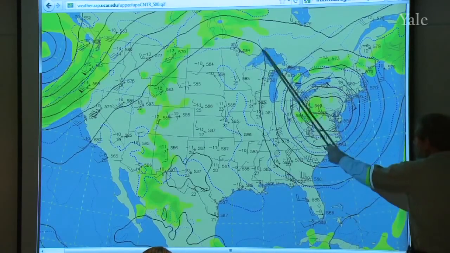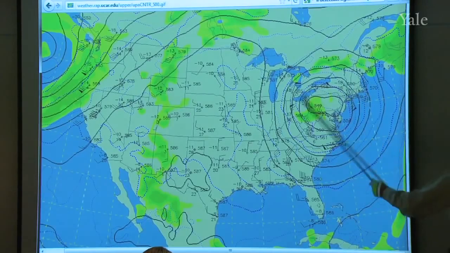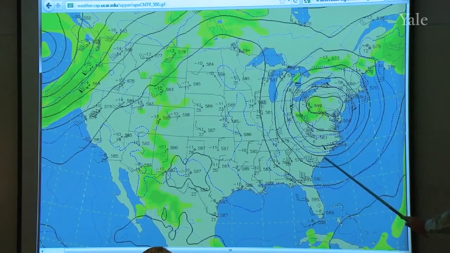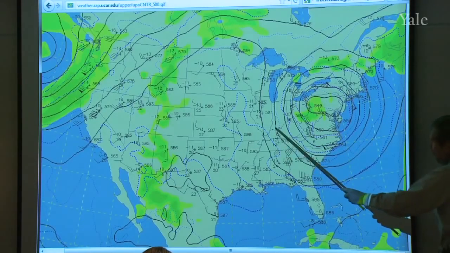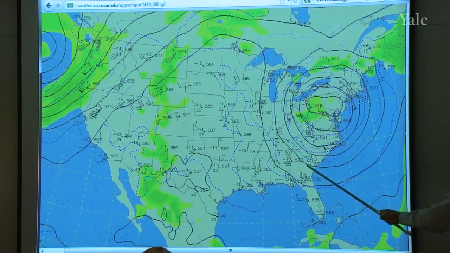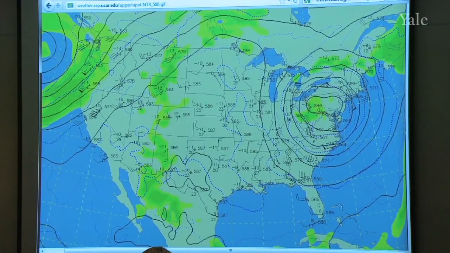So higher pressure around it, lower pressure in the center, and just like we derived theoretically, the winds go counterclockwise around that because we're in the northern hemisphere. And notice how well the winds parallel the isobars. And so these conclusions followed from the geostrophic balance assumption.